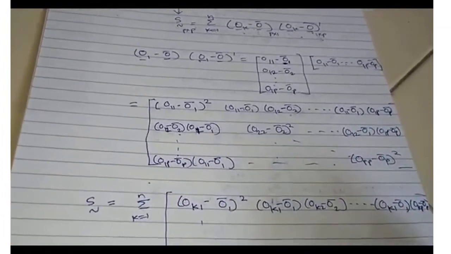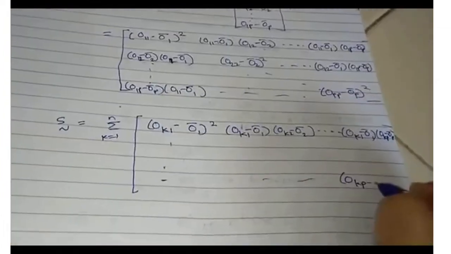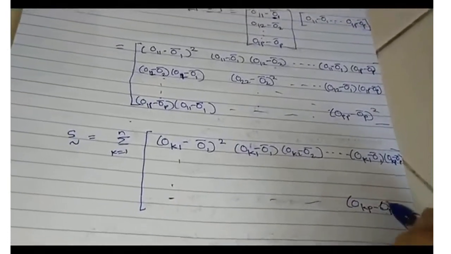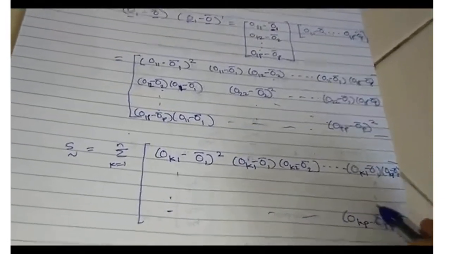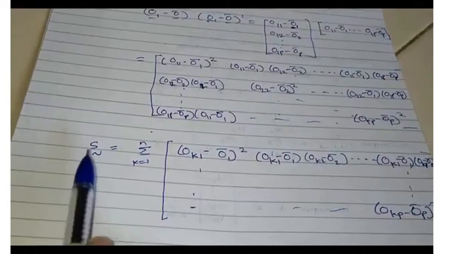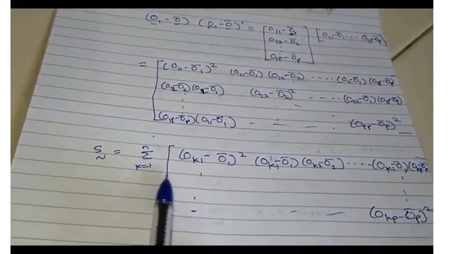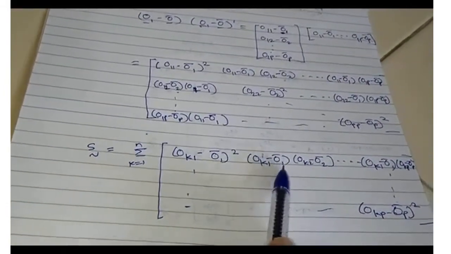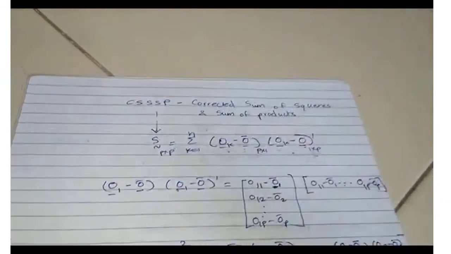The last entry would be (Okp minus Op bar) whole square. Okay, so this matrix is a sum of squares as well as products. Hence it is known as the corrected sum of squares and sum of products matrix, that is the CSSP matrix.